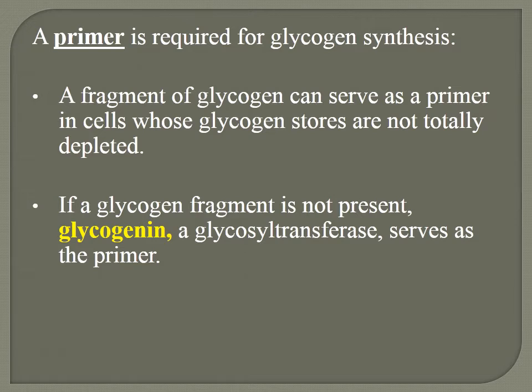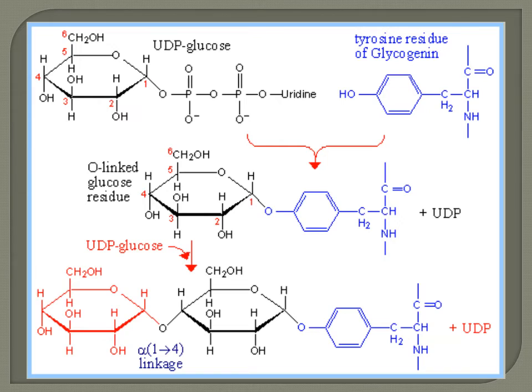So a fragment of glycogen can serve as a primer in the cells where glycogen stores are not totally depleted, but if the glycogen fragment is not present, which means the entire glycogen store is utilized or depleted, then a protein called glycogenin, which has a glycosyl transferase activity, serves as the primer. So now you know glycogenin can act as a primer and thus it initiates the glycogenesis.